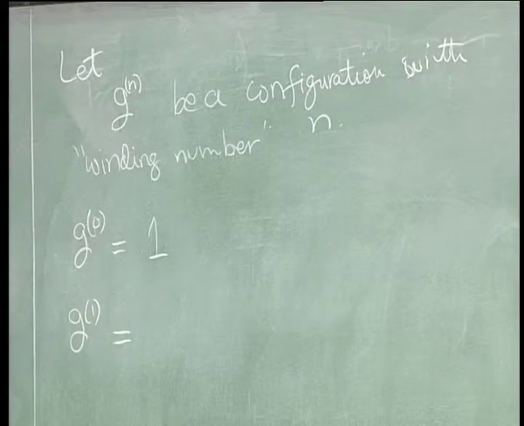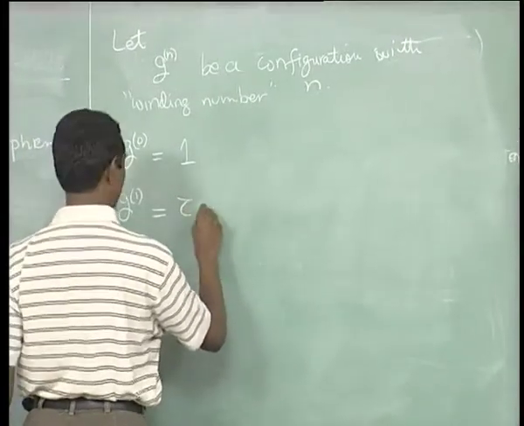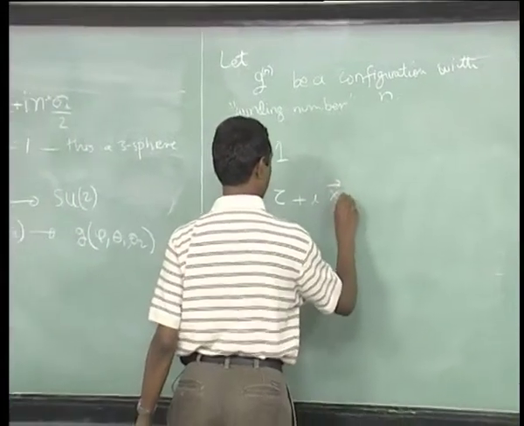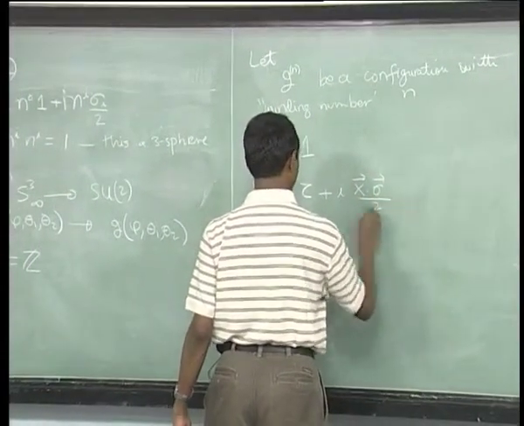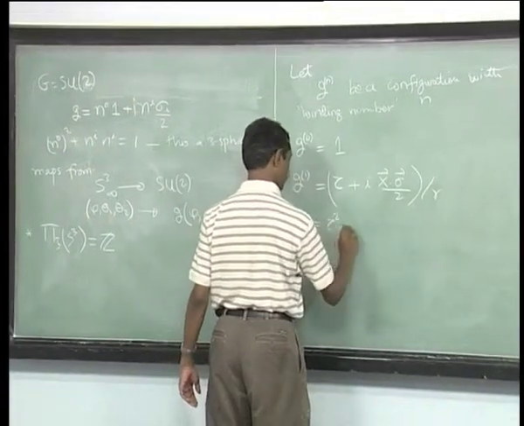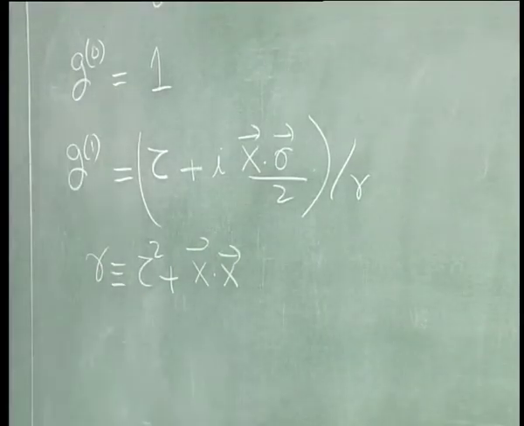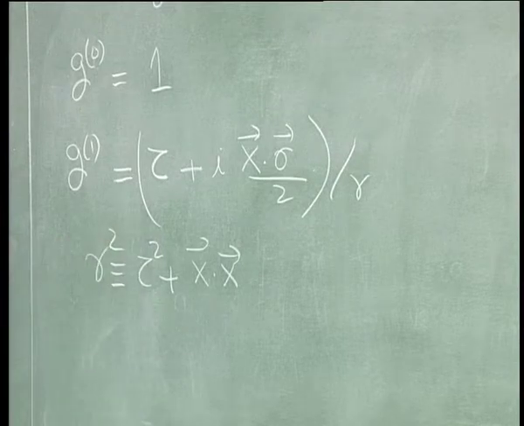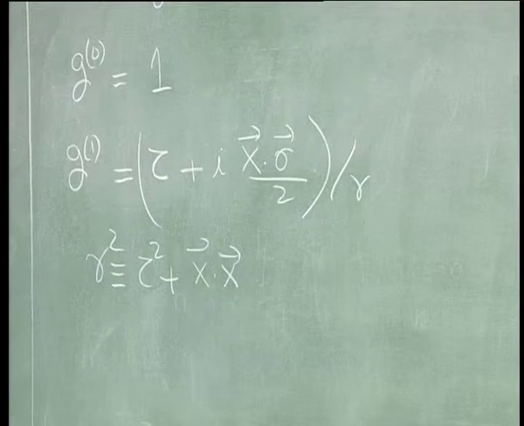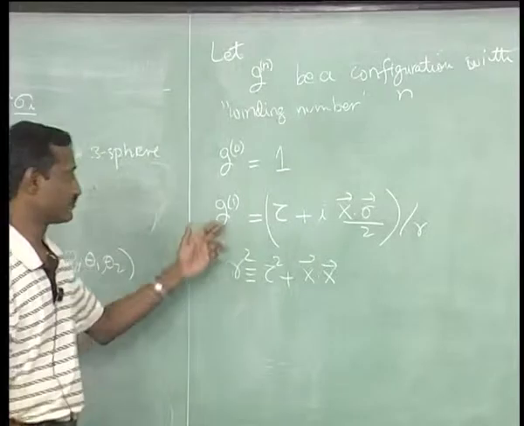I just identify this with tau plus I times spatial and divided by R, where R is the radial coordinate in 4 dimensions. Okay. So, I have to divide by this because otherwise it would have been square of this. So, I divide out by this.